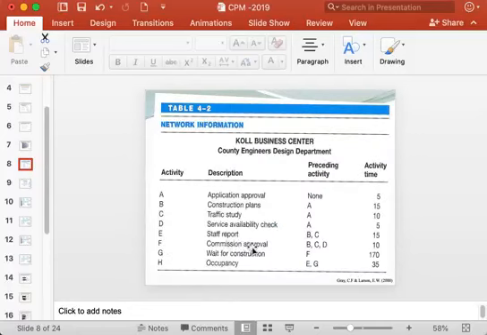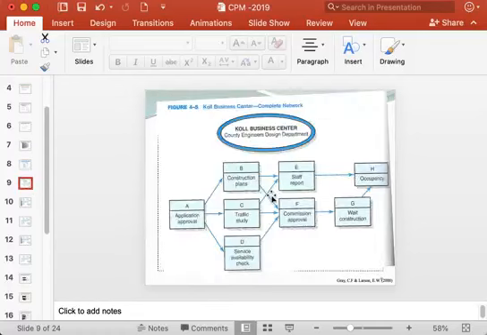Then activity F, which is commission approval, can start only after completing B, C and D, three activities. Okay, or in other words, activity F is preceded by three activities B, C and D. So you can see activity F can start after completing B, C and D. That is how you draw the network.